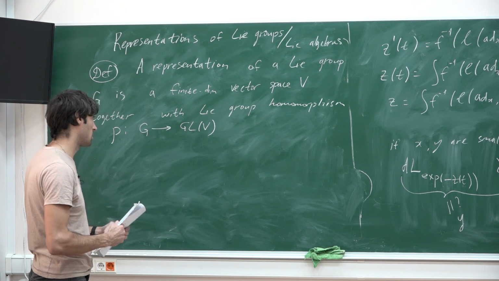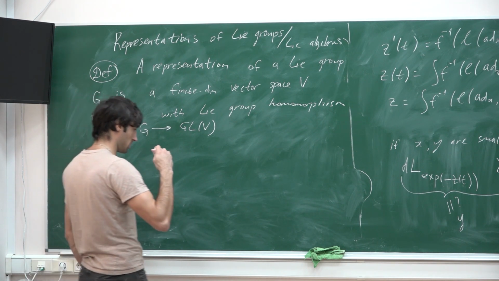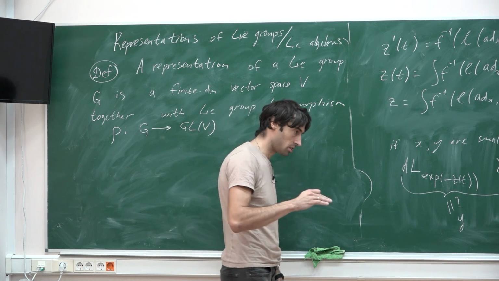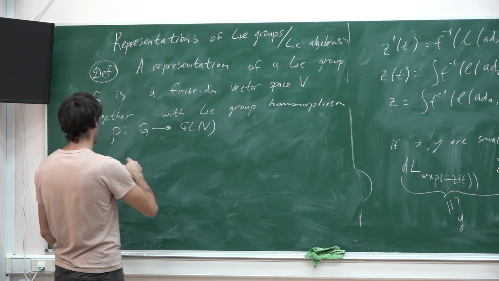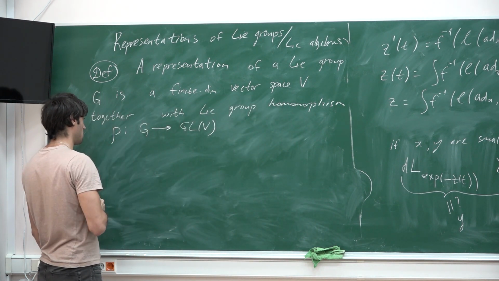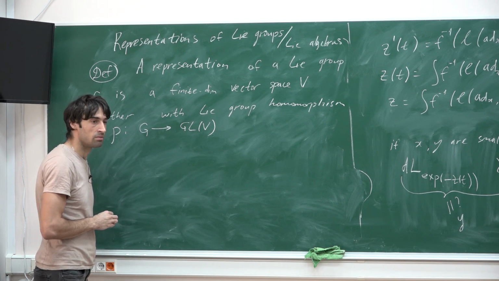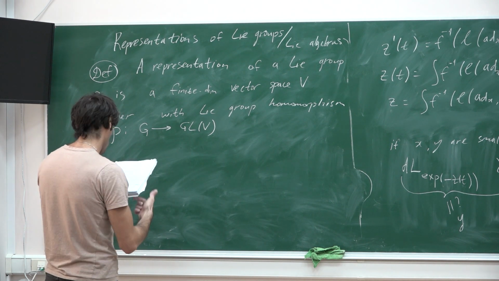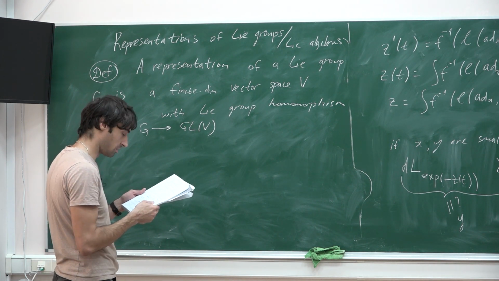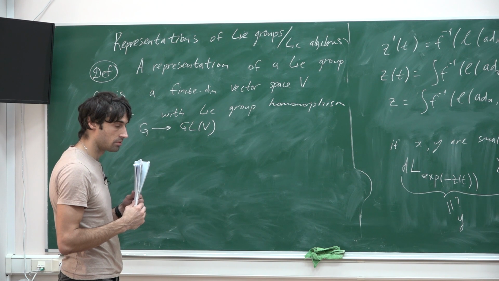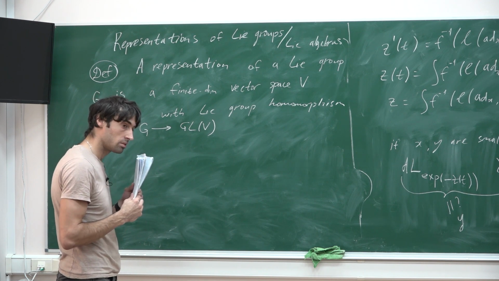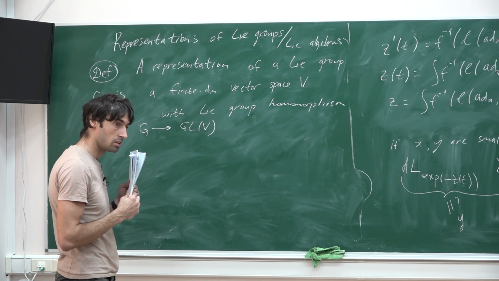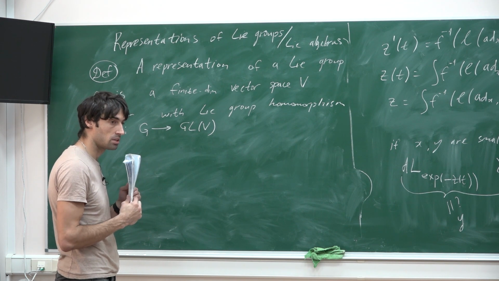Sometimes if it's clear what it is, then the corresponding homomorphism we just denote as rho_V. GL(V) is the same as, for example, what we call invertible endomorphisms. So these are all invertible linear maps of V. That's it.